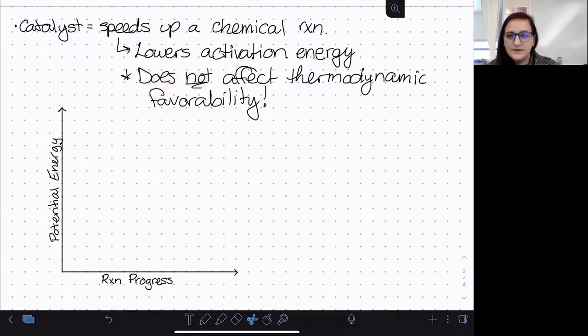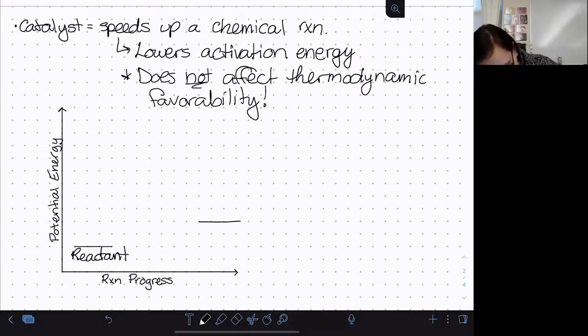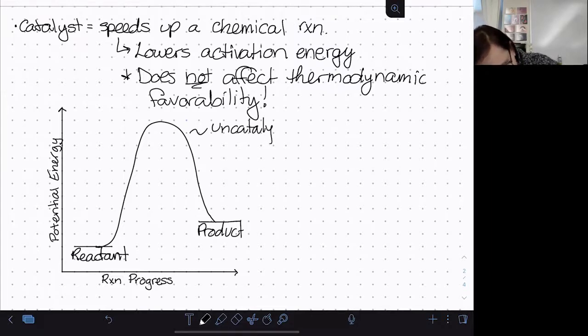So how this affects the reaction coordinate diagram is it essentially just makes your peak shorter. The catalyst is like a shortcut that instead of going all the way up and over the mountain, you found a tunnel through the middle. So for example, if we have our reactant and our product, if our uncatalyzed version of the reaction looks like this, our catalyst is just going to make our mountain smaller.